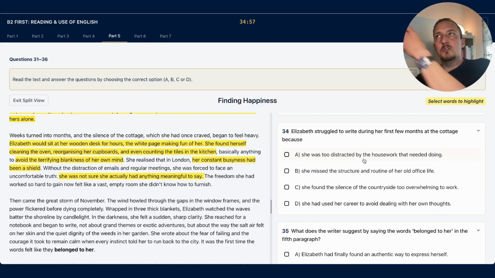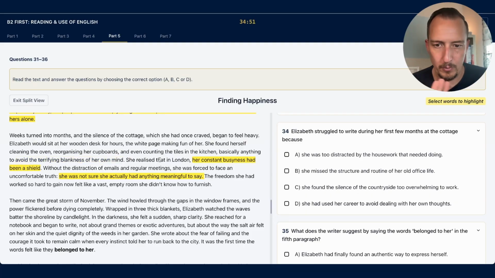So the housework was the result, not the reason, if that makes sense. So it's not A, I think. I'll just double check it, but I don't think it's A. She missed the structure and routine of her old office life. She doesn't mention anything about structure and routine, or missing the structure and routine. She doesn't seem to say anything about that.